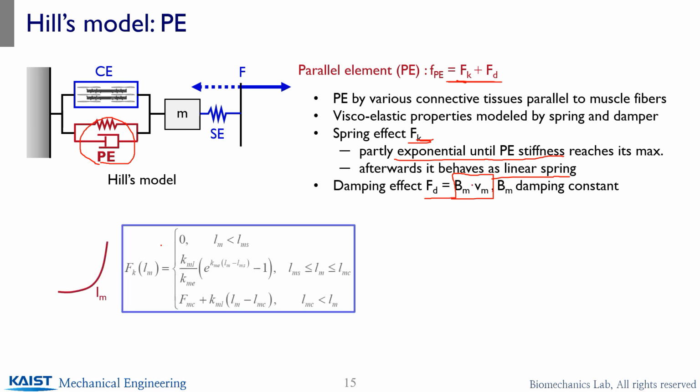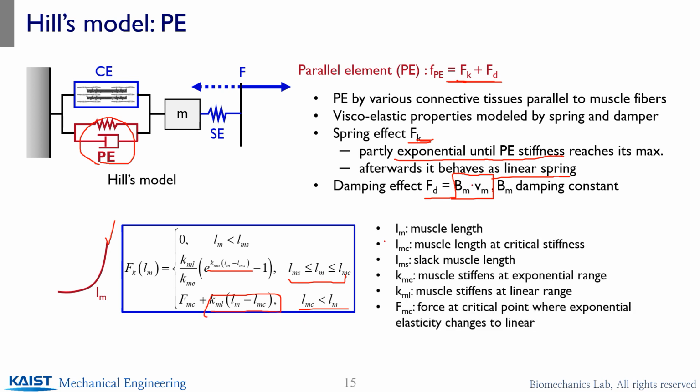For this experimental behavior of the spring effect, one may propose this kind of formula: within the range of contraction it will be exponential, but at a certain range, like a critical point where the spring changes from exponential to linear, we can have a linear formulation afterwards.